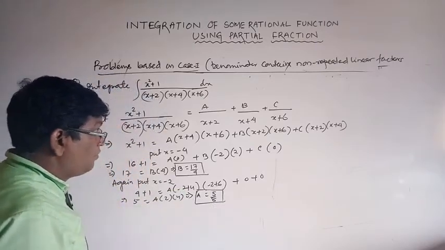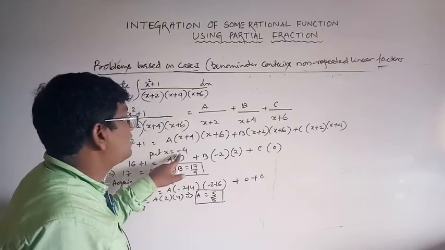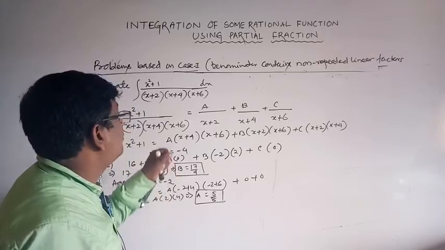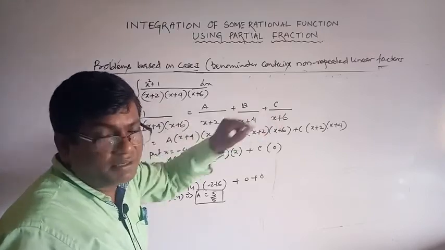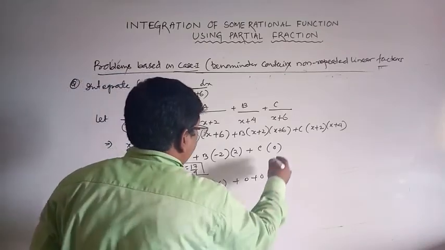Again, put x equal to what? First we put x equal to minus 4, second we put x equal to minus 2, and now for the x plus 6 term, put x equal to minus 6.